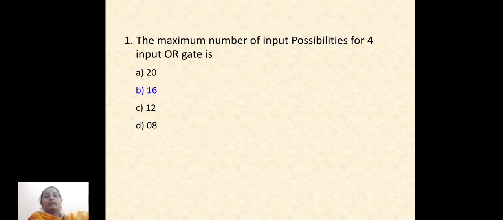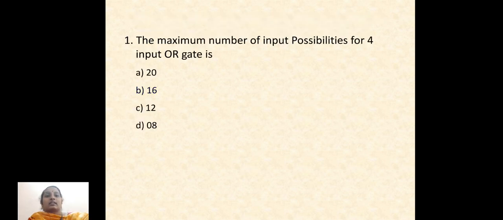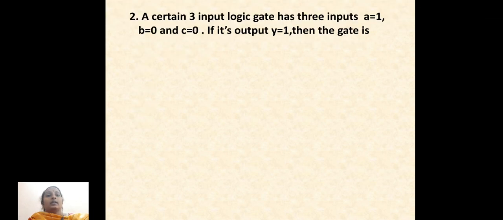And see, a certain 3 input logic gate has 3 inputs, A is equal to 1, B is equal to 0, C is equal to 0, and its output is Y is equal to 1. Then the gate is which one? You checked the previous one, 16, it is okay. Now, some 3 input logic gate is there with A 1, B 0, C 0, and the output is 1.